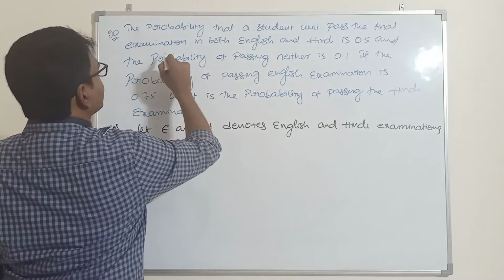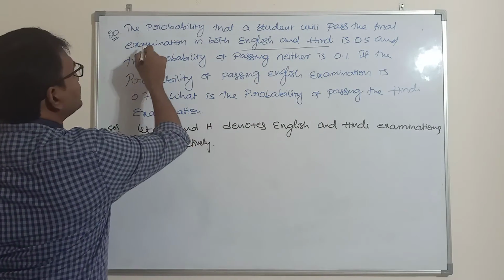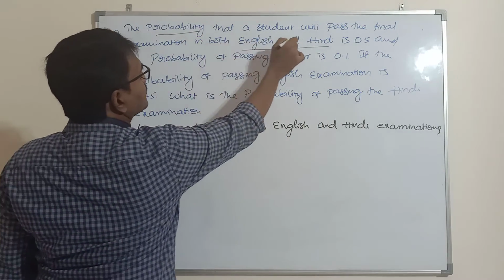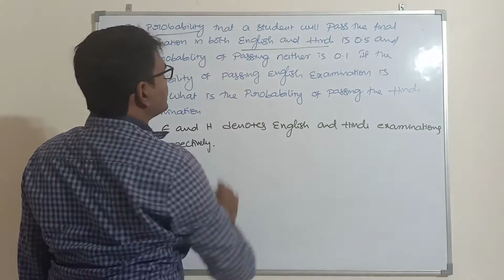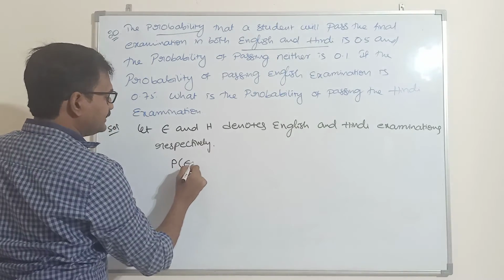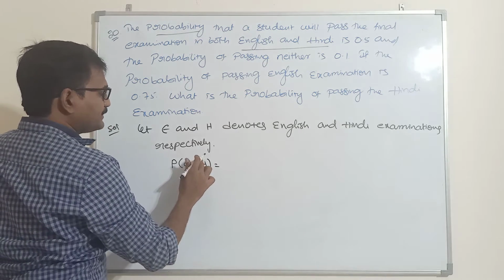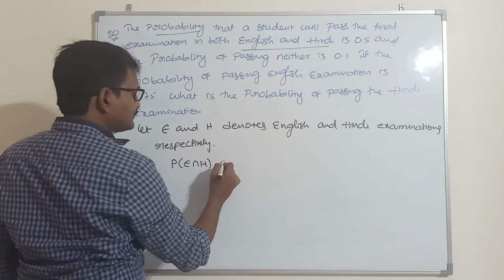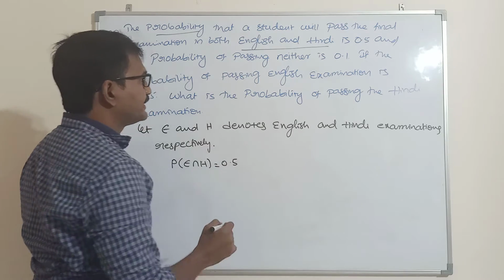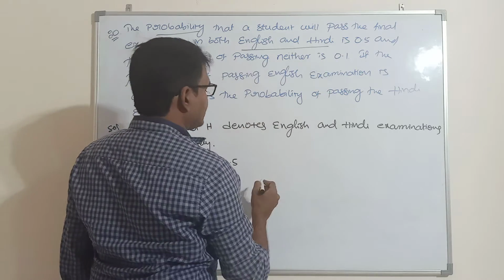So here, what is given? The probability that a student will pass the English and Hindi examinations is given. That means P of E intersection H. And means we have to use the intersection symbol. So 0.5. Next, the probability of passing neither.